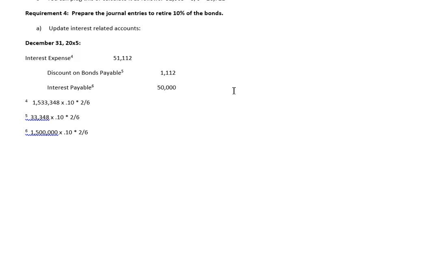And I have to accrue interest because once the bonds are retired, now I'm going to pay out the interest. So I accrued 2 months interest, okay? That's interest on all the bonds. I only want it for 10%. So this math will give me $50,000. The difference is the amount of discount I'm amortizing on 10% of the bonds, right?